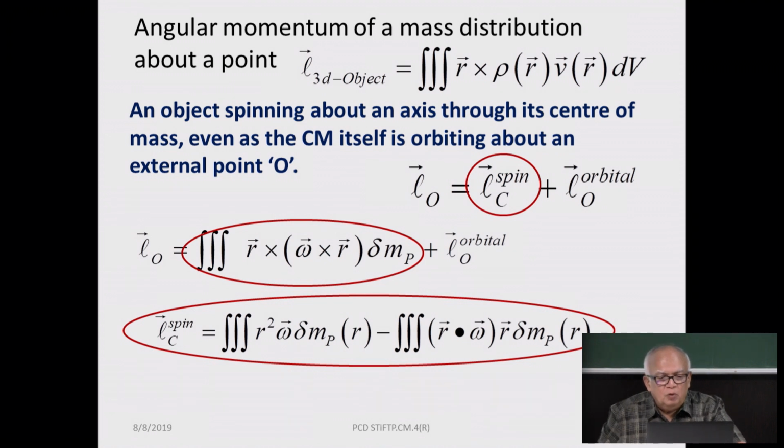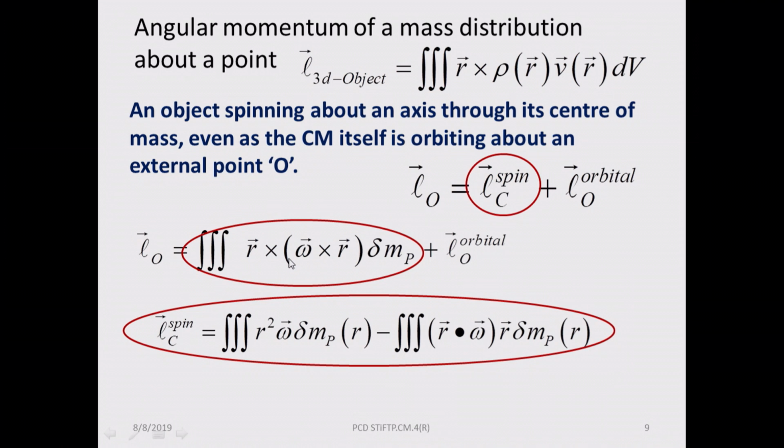And if you now expand this cross product, this is the vector triple product. There are two terms, one coming from r square omega, and the other is when you subtract the r dot omega times r. So this is nothing but the expansion of this triple product. So you're looking at the spin angular momentum.